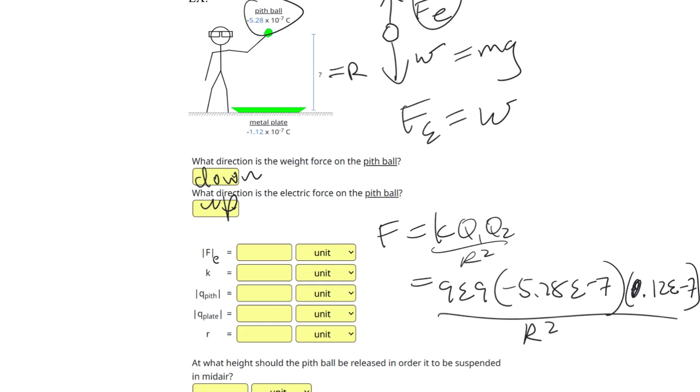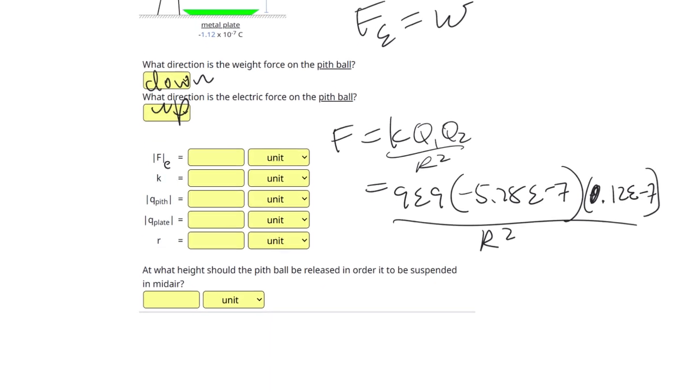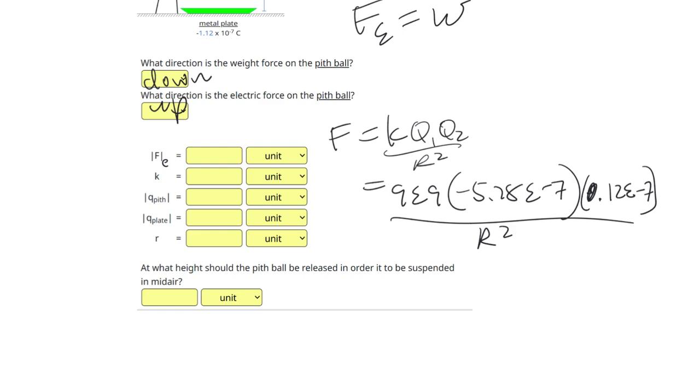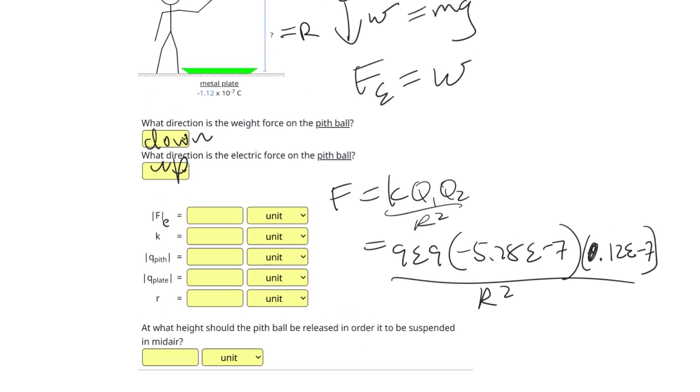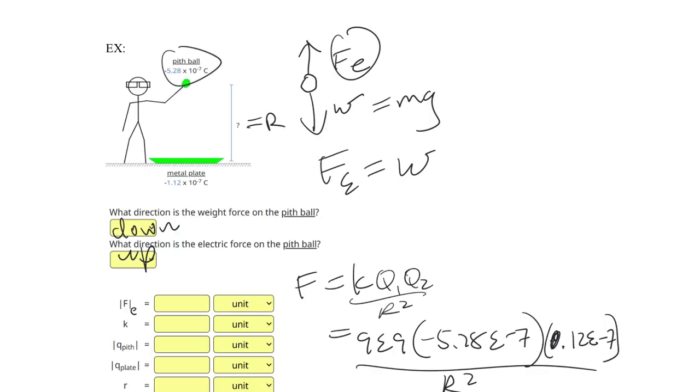So, okay, that equals m times 10. I forgot to tell you that the mass of the ball is, let's say, 0.010 kilograms.